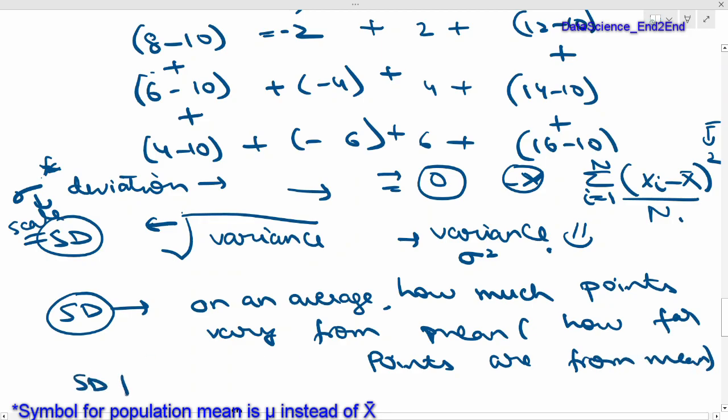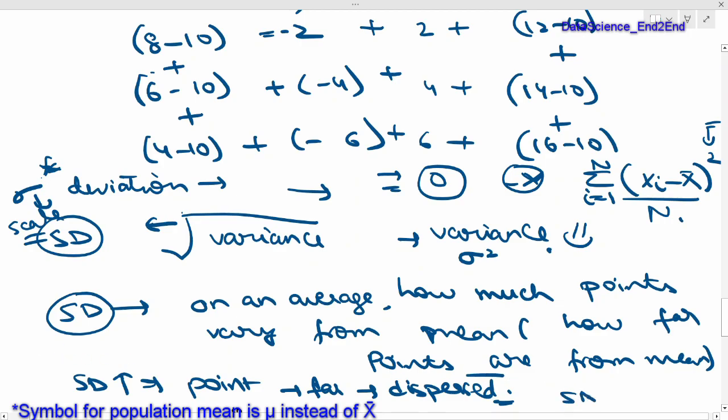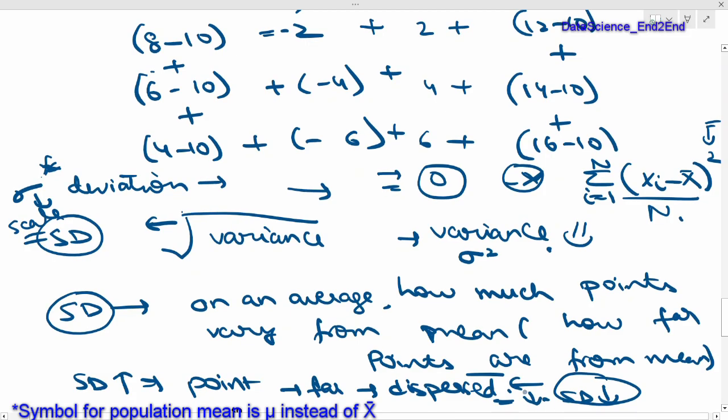If the standard deviation is high, we are saying that on an average points are very far from the mean and hence more dispersed. While if the standard deviation is low, we are saying that they are less dispersed.